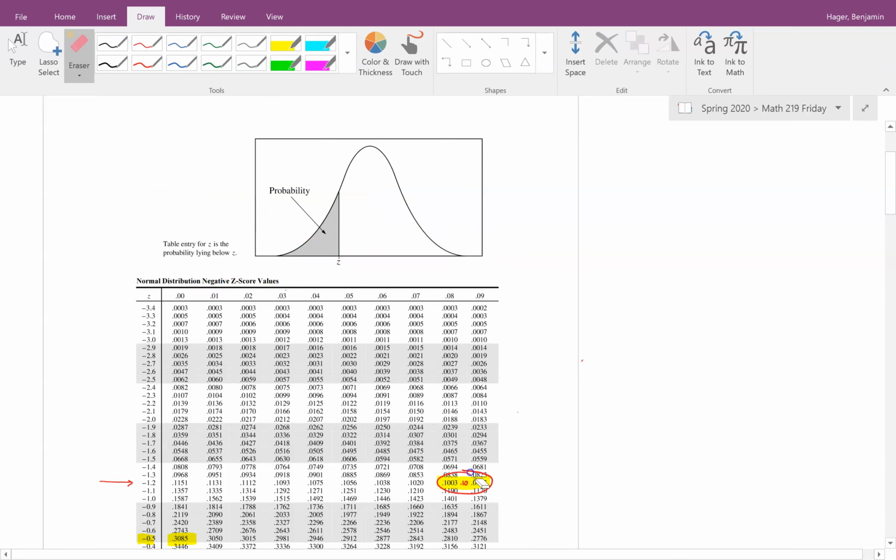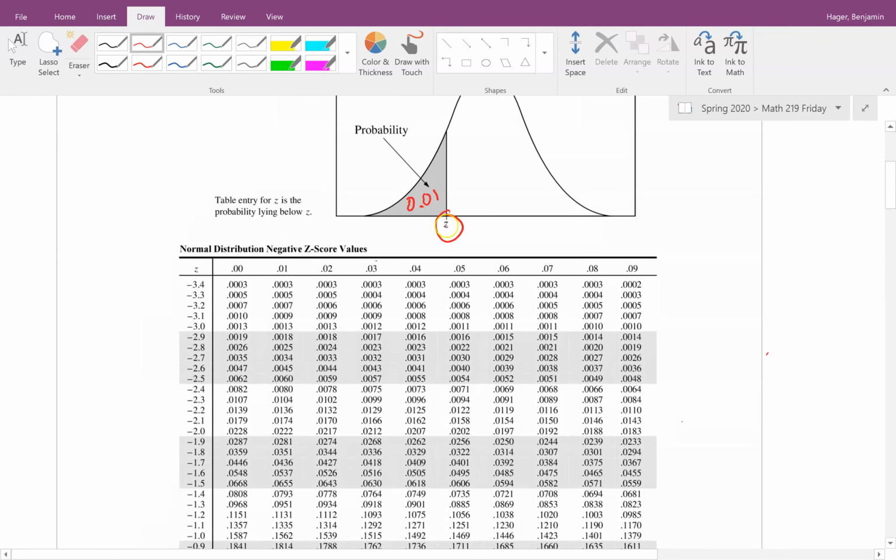All right, so what I've got now is an area that I'm trying to look at. I want the area left of this z-score to be 0.01, and I'm trying to find what z-score makes that happen. I should be reading the negative z-score values because, if you go back to my picture, I'm looking at the one to the left of the mean, so these will be negative z-scores.